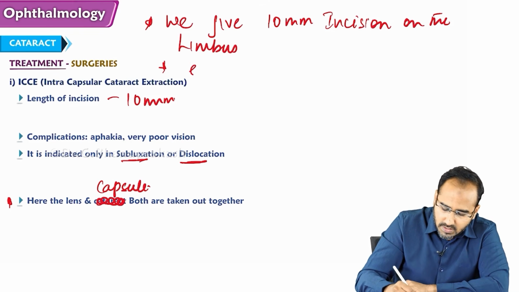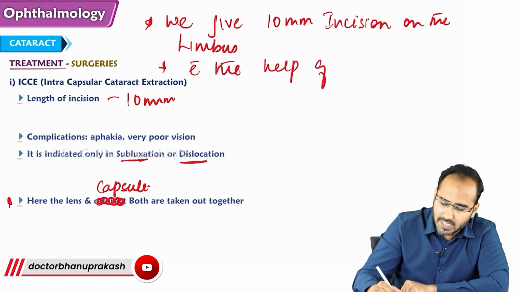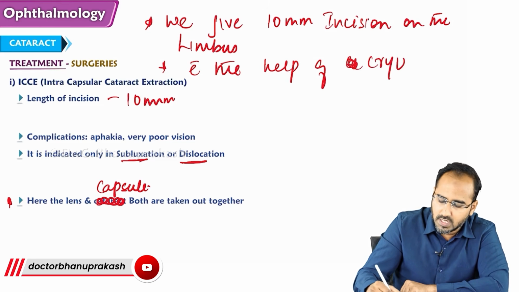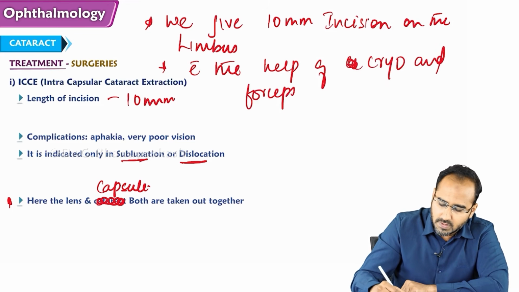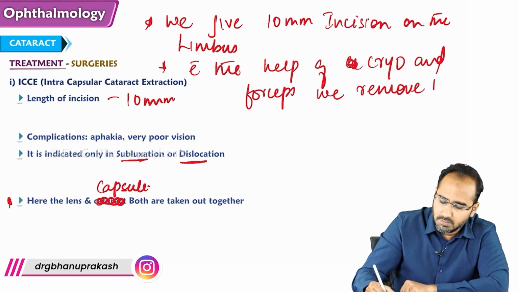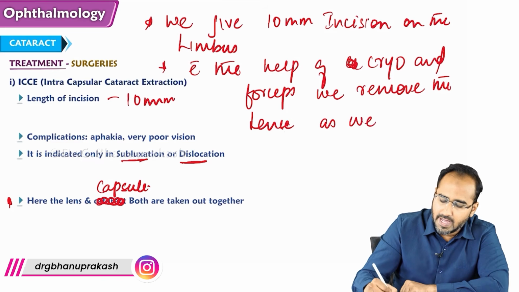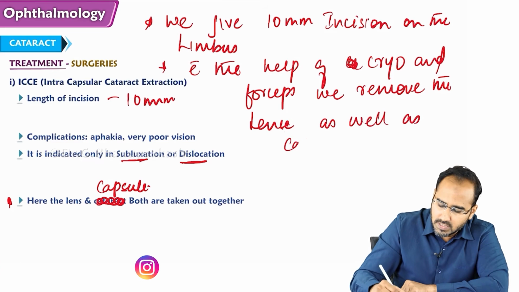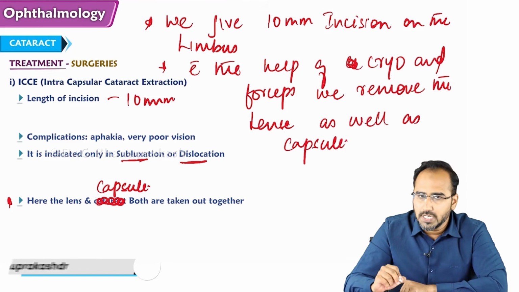Then with the help of cryo and forceps, we remove the lens as well as capsule. Lens as well as capsule. Hence, are we using this, guys? We are not using this.